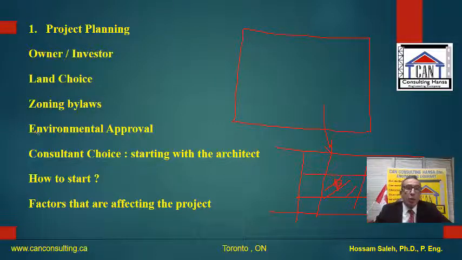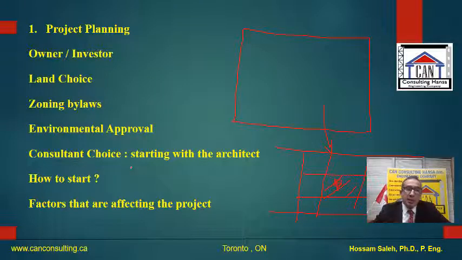And also there will be environmental approval. After that, he has to choose the consultant. If he has an industrial project, mainly he can go to the mechanical engineer and structural engineer, and together they can build the building.